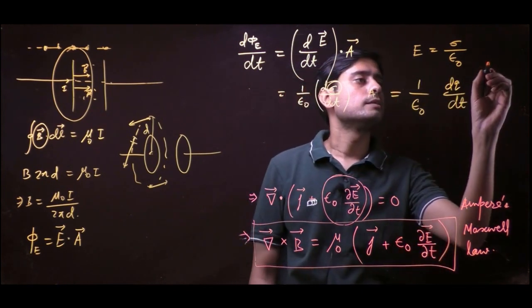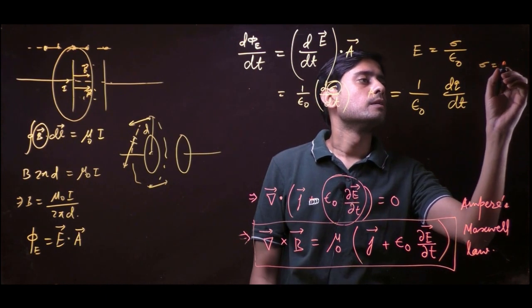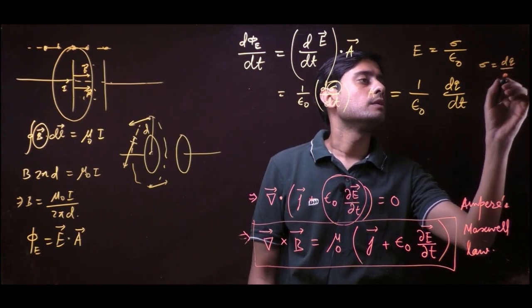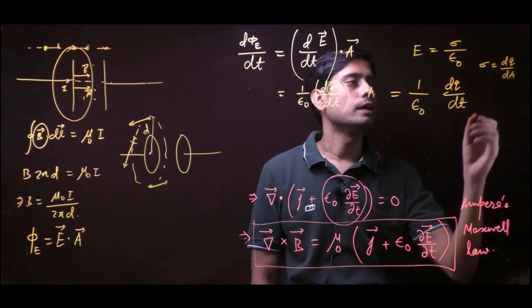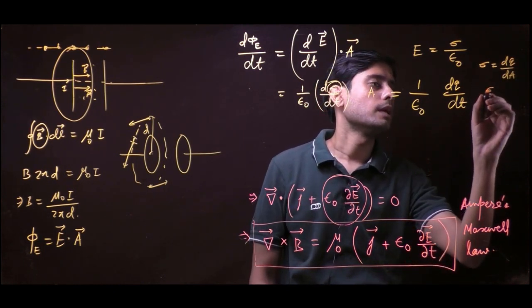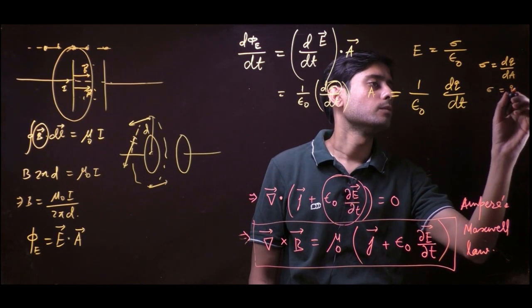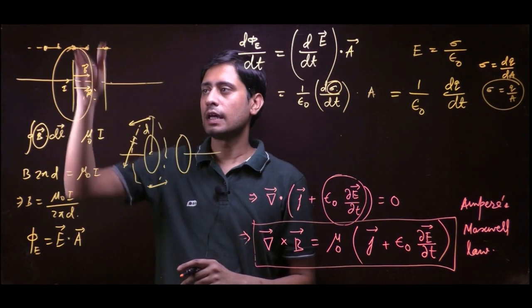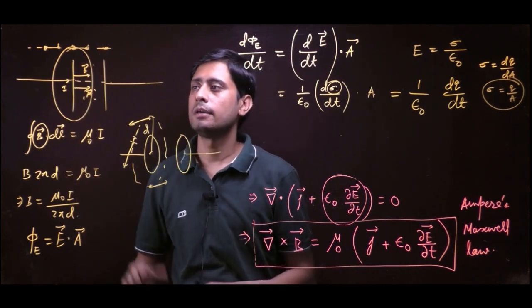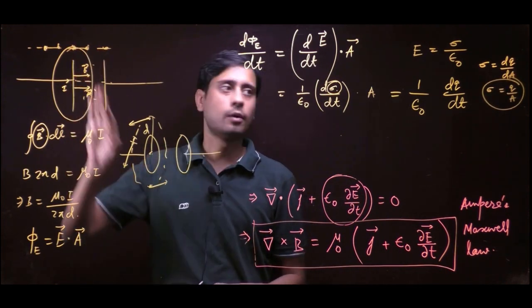This sigma is dq upon dA, and when the charge distribution is constant, then sigma equals q upon A. We have a constant charge density because charge is equally spread throughout the area of the plate.